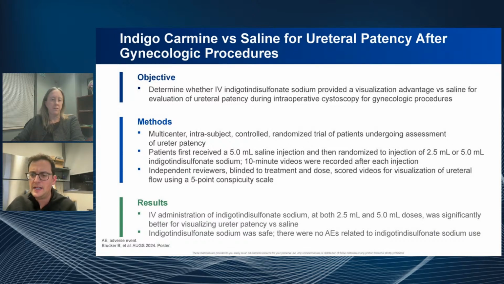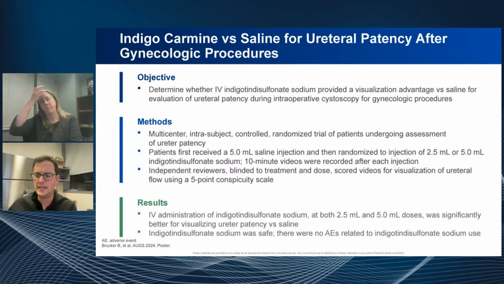But in order to do this, we ended up looking at IV indigo disulfonate, or indigo carmine, and compared it to saline for visualization. This was a multicenter, randomized study. The patients were given either 2.5 or 5 mL, that was the randomization of indigo carmine, and the control was the observation of the ureter before they were given the dye agent.